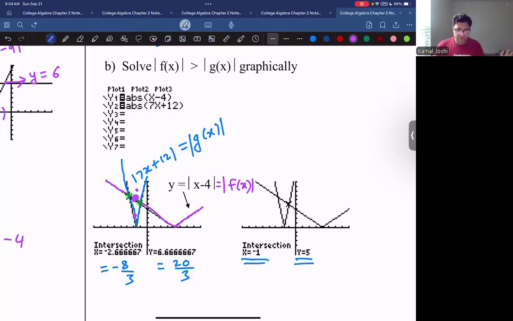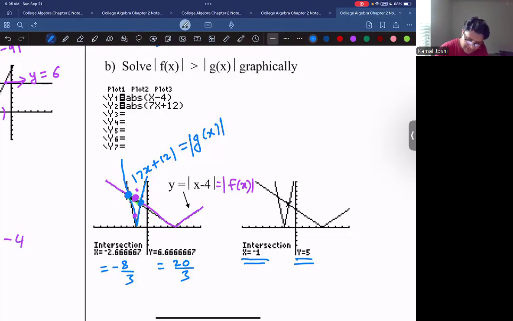But the moment you cross these two points, these are my boundaries, the ones that I highlighted in blue just now. Sorry, actually I didn't mark the boundary correctly. Here, this and this, these are my boundaries.